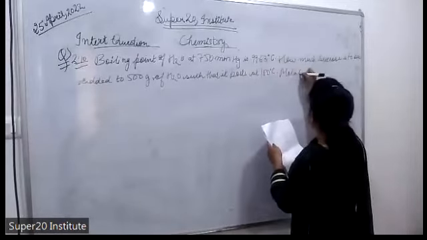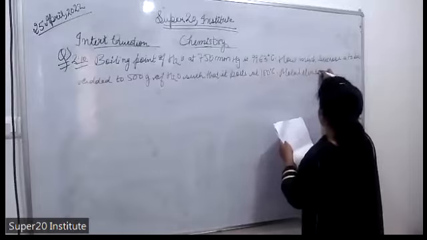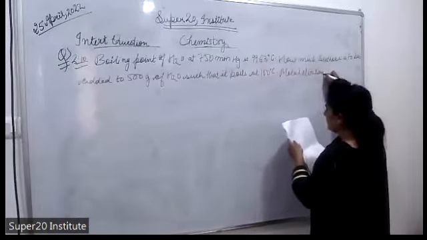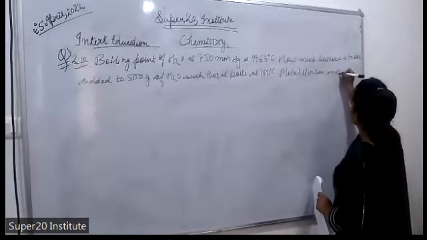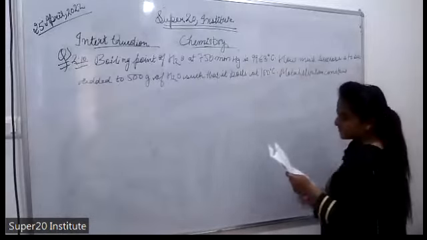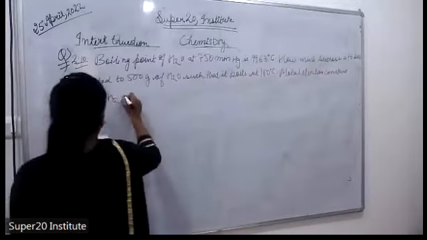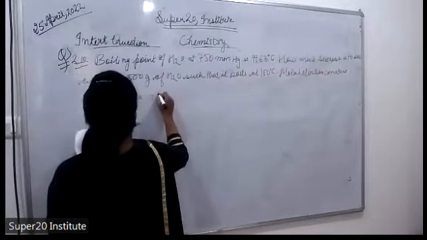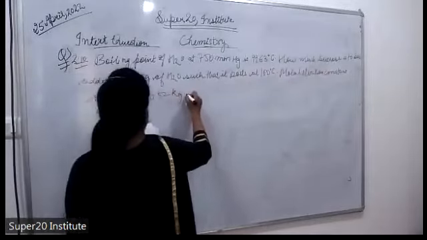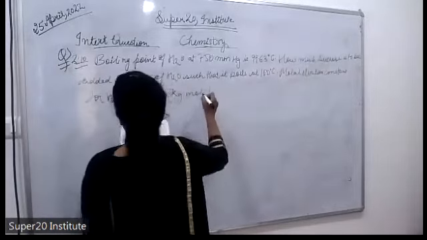Molar elevation constant. Molar elevation constant for water is 0.52 kg per mole. Okay.